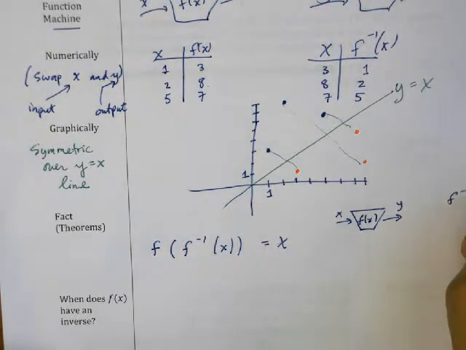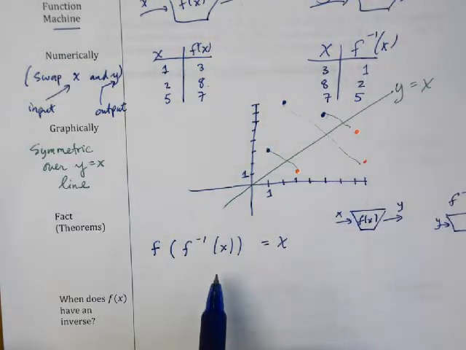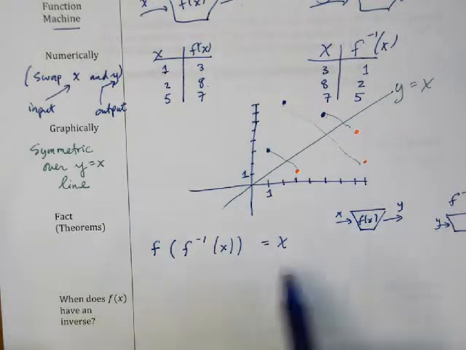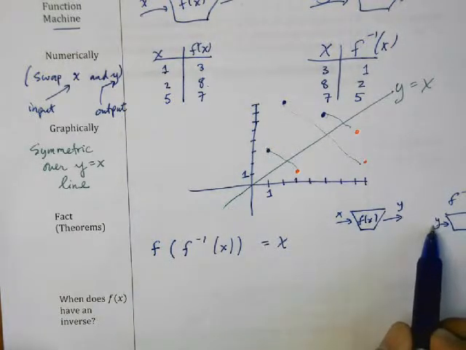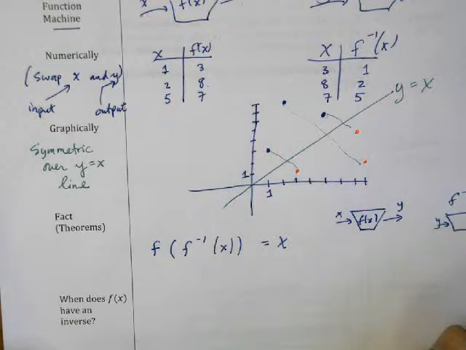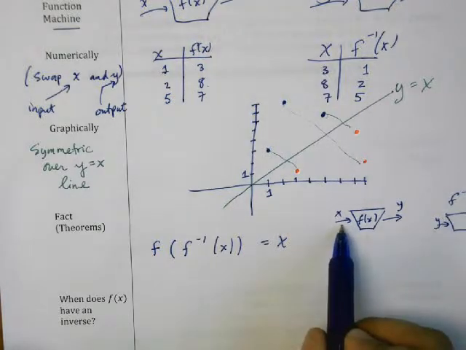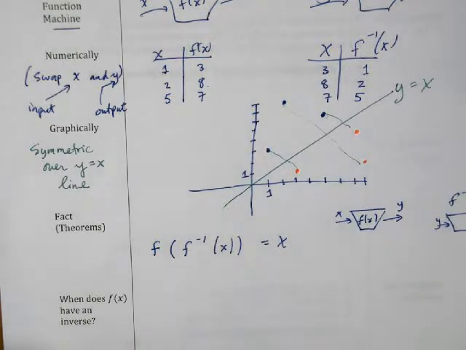Well, f inverse does the exact opposite. y goes in and x goes out. So now if I take a value and I pass it into the inverse first, I'm going to get a result. And then if I take that result and I pass it into the original function, I get back to where I started from.